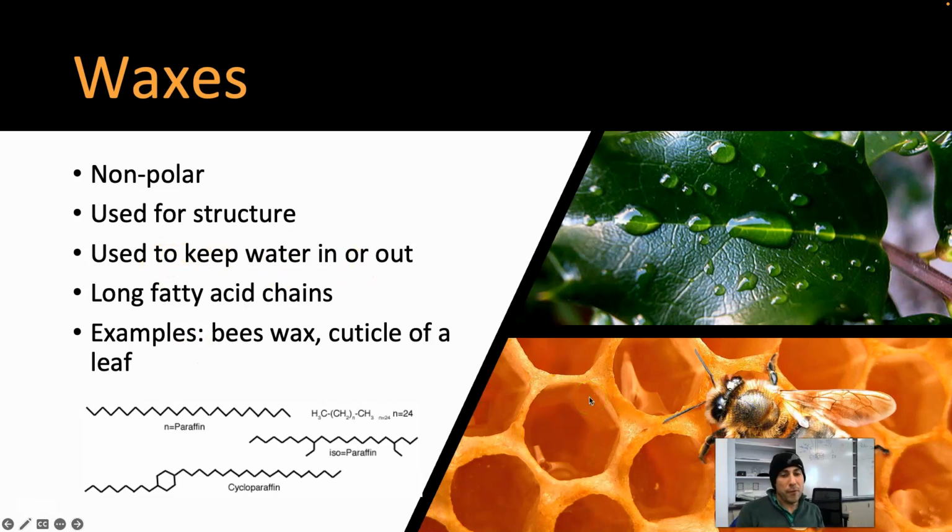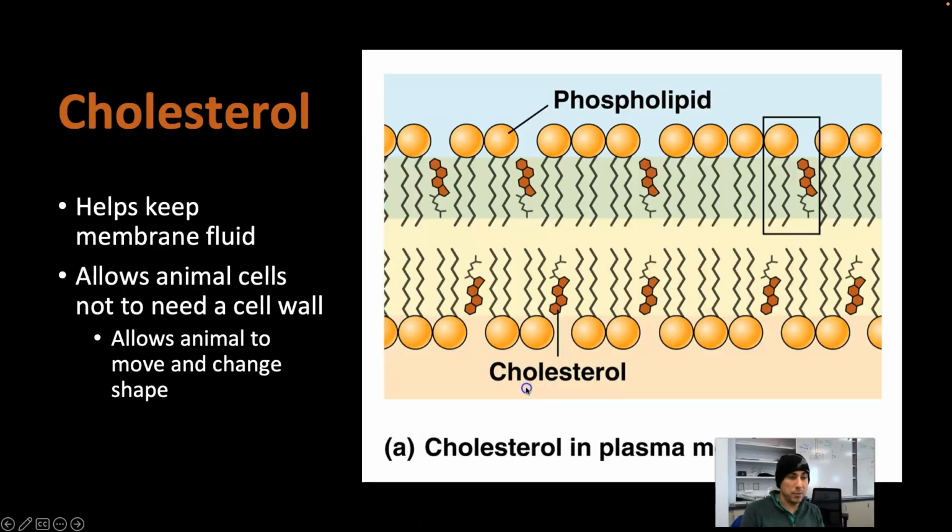And they use those long fatty acid chains to make that hydrophobic part that keeps the water out. Cholesterol. Inside, we've got these short ring chain molecules. These are also lipids, and they help keep it fluid. So these can't all stack next to each other perfectly nice and neat because these cholesterol molecules are in the way. So they keep it liquid.